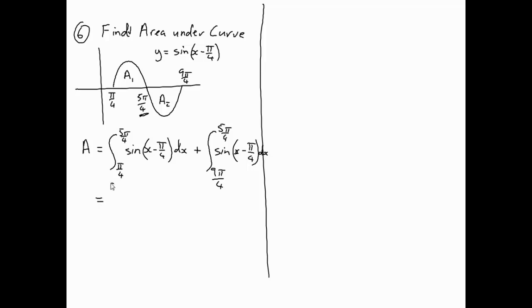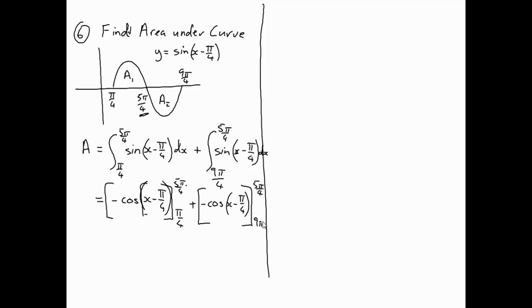What do I get? Well, it's going to be minus cos(x minus pi on 4), in square brackets, with upper limit 5 pi on 4, lower limit pi on 4. And then we're going to plus the same thing again, minus cos(x minus pi on 4), and this time upper limit, lower limit.